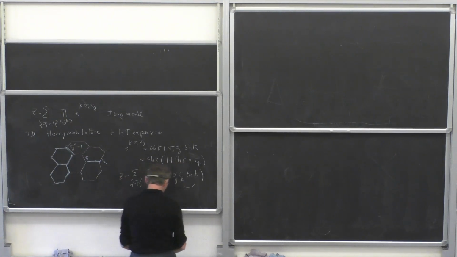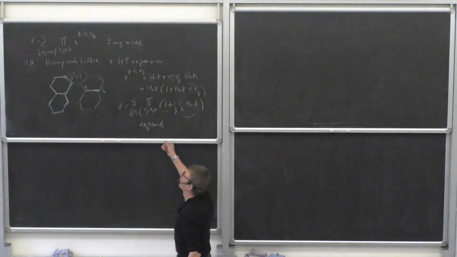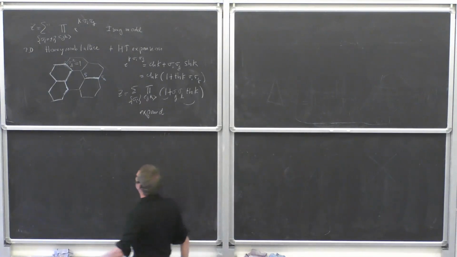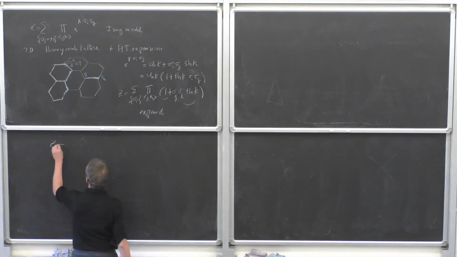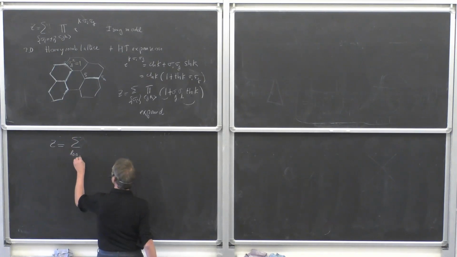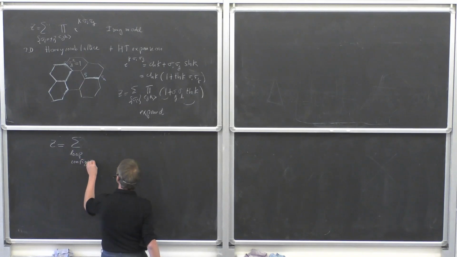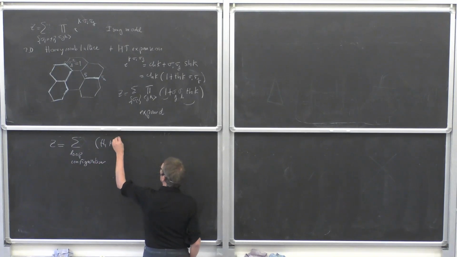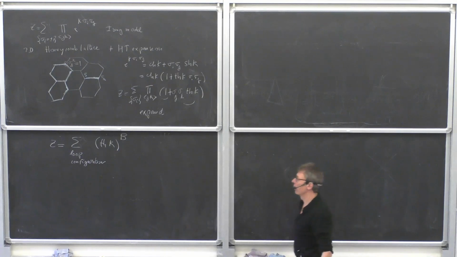And therefore, we get a result which I think is totally obvious to all of you, that Z is the sum over all the loop configurations of tanh k to the power the number of edges, or I'll use B for bonds usually, okay?